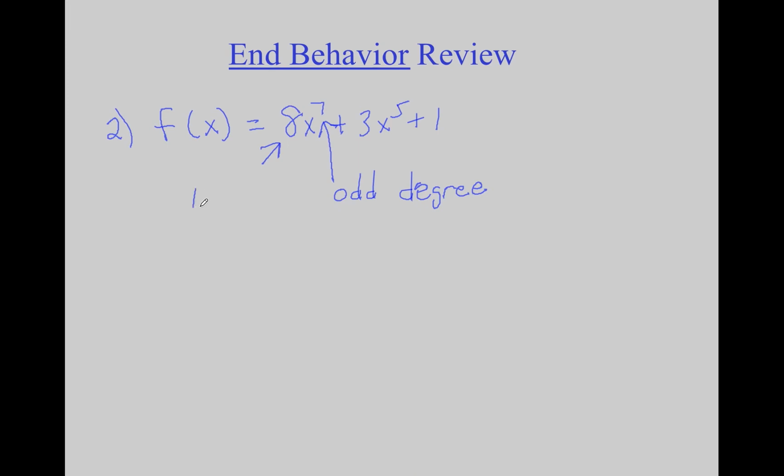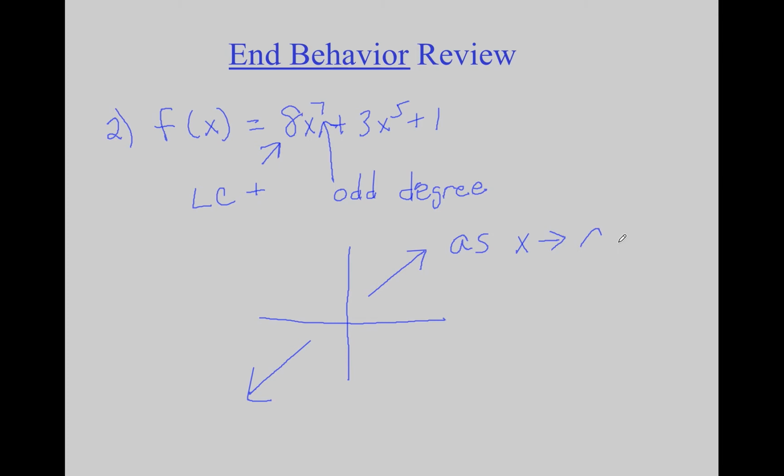But right here we got a leading coefficient which is positive. So I know that one end of my graph is going up and to the right. The other end of the graph is going down and to the left. So this description is going to be the same as the previous example.